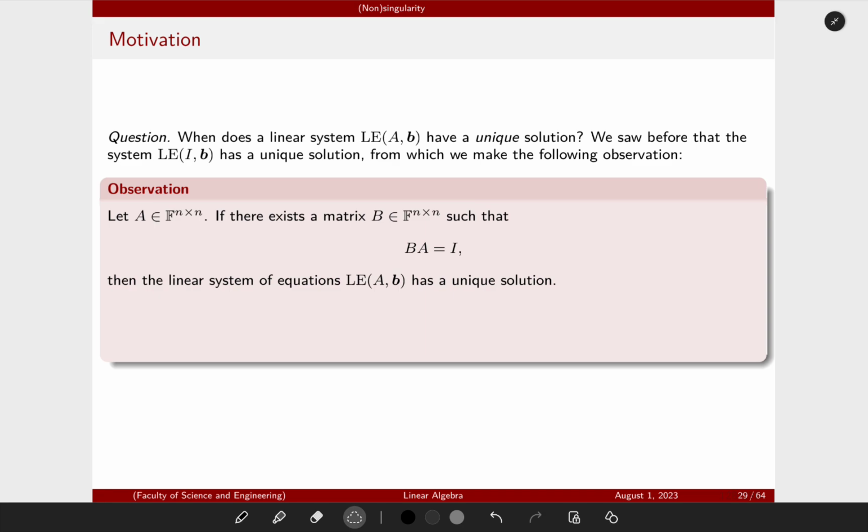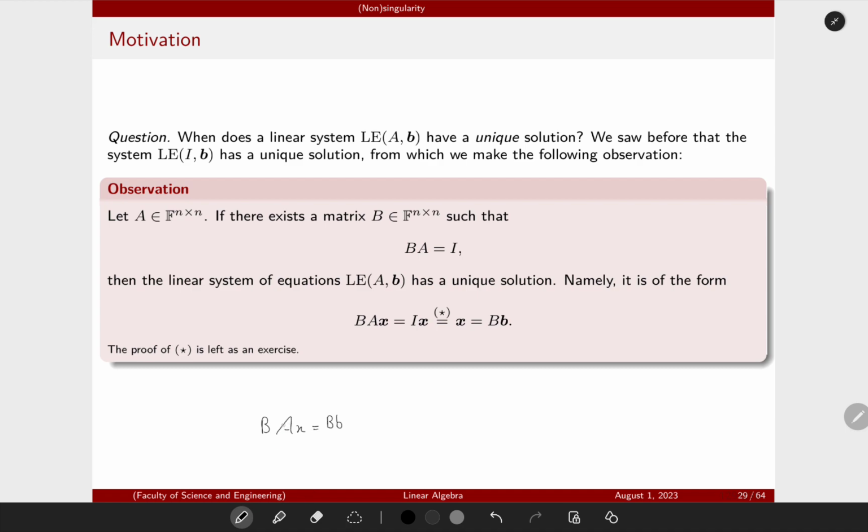So we let A be an n by n matrix. If there exists a matrix B such that BA equals I, then it has a unique solution. Namely, we can take the linear system that we had before. So we have Ax equals b, and we simply multiply from the left by B. So how that looks, we have BAx is Bb.